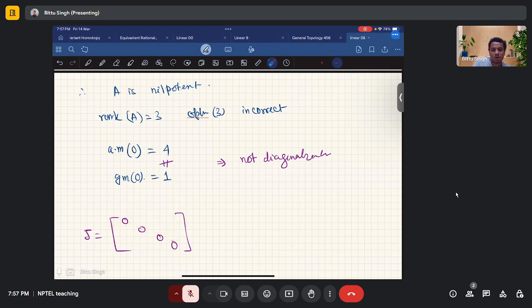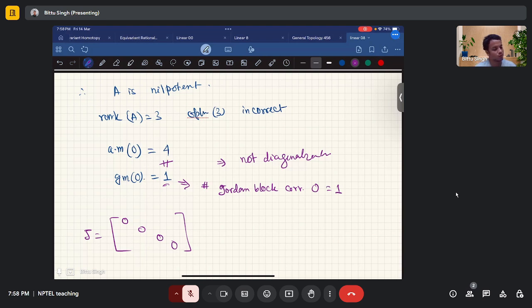But we will see which is the correct block. From here we can see that the geometric multiplicity of 0 is actually 1. From the geometric multiplicity we get the number of Jordan blocks. So the number of Jordan blocks corresponding to the eigenvalue 0 is actually 1.